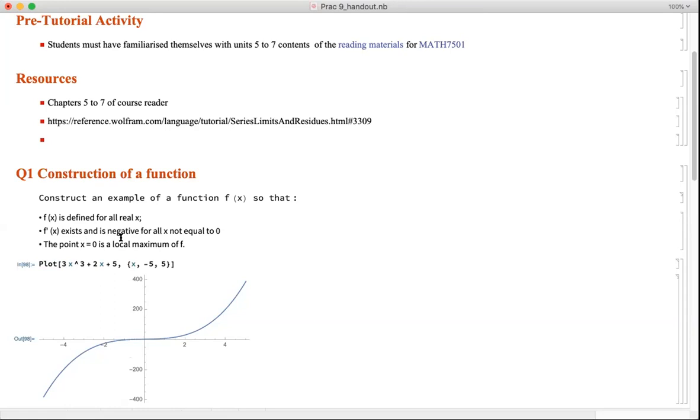If f'(x) exists and is negative and x is not equal to 0. Anyone?